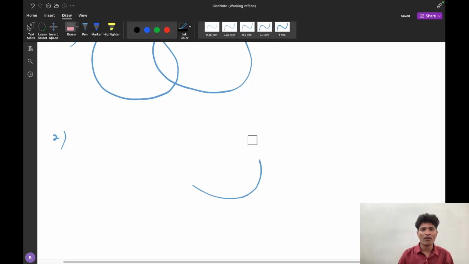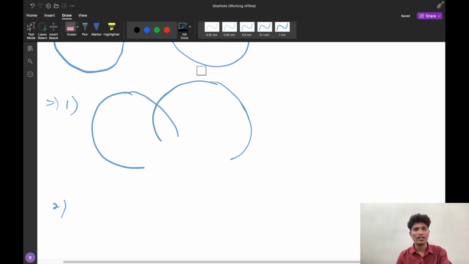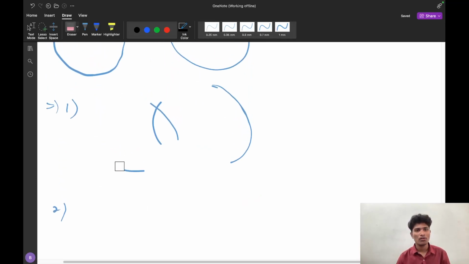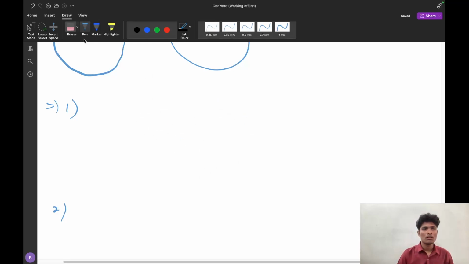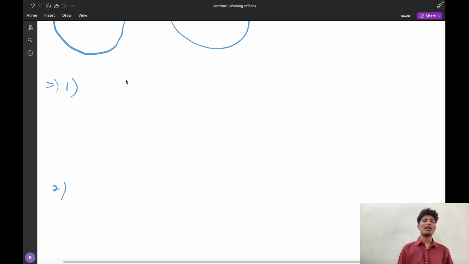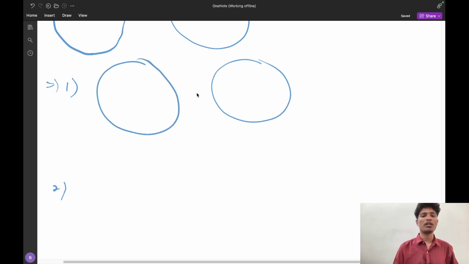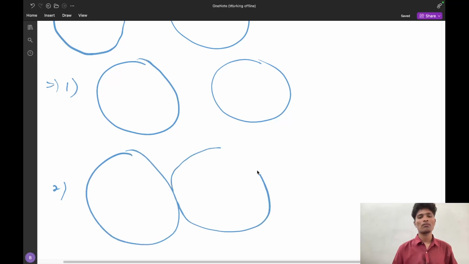I want to write in order, because if I write in order, it is easy for you to remember. The first possibility is that the circles will not intersect. The second possibility is that the circles will just touch.